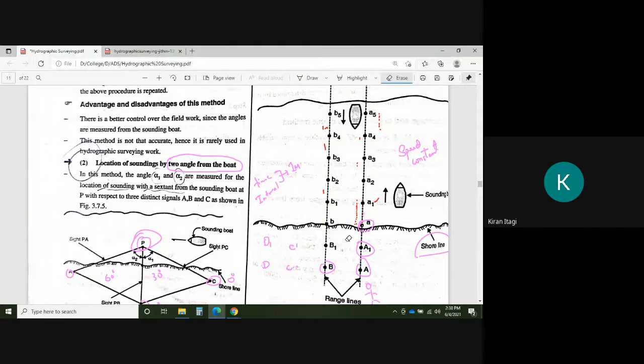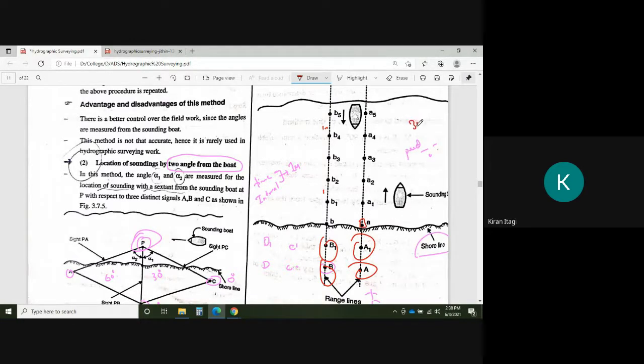If I want to look at the same thing when I come the next day, these ranging lines and points will be there. You have to keep your boat here, then start your boat, and the speed should be the same.